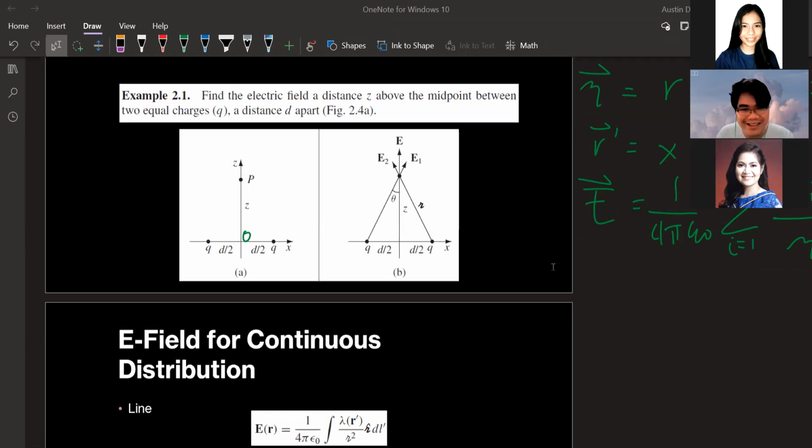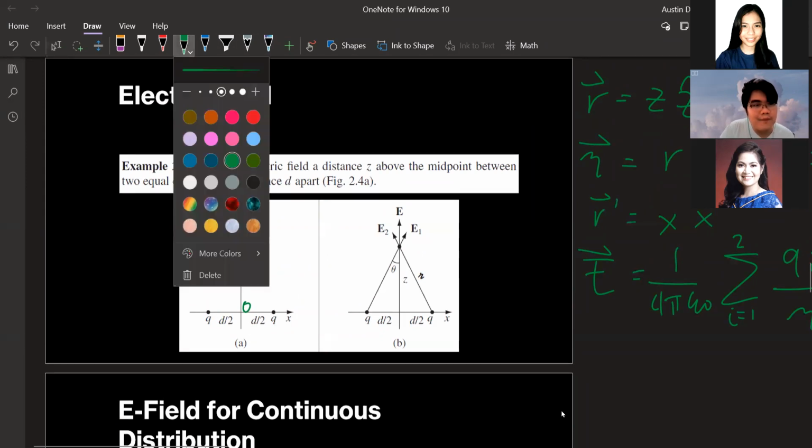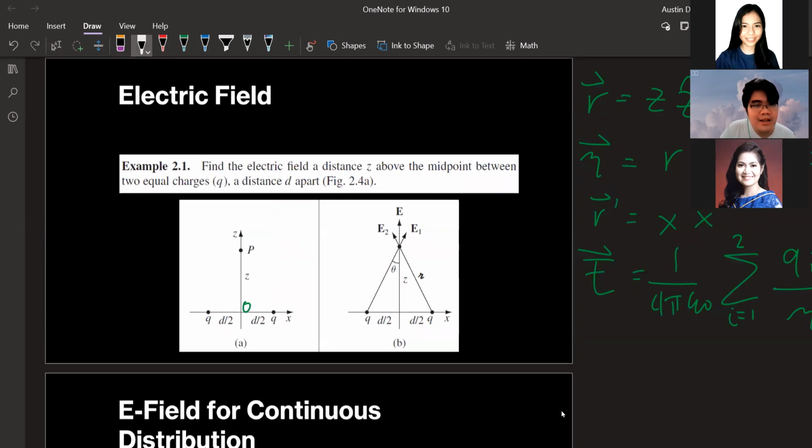This is a very nice question. How do we think about the electric field? Let's draw it. Let's make this one white, and then blue. Red for positive, actually. For engineering.